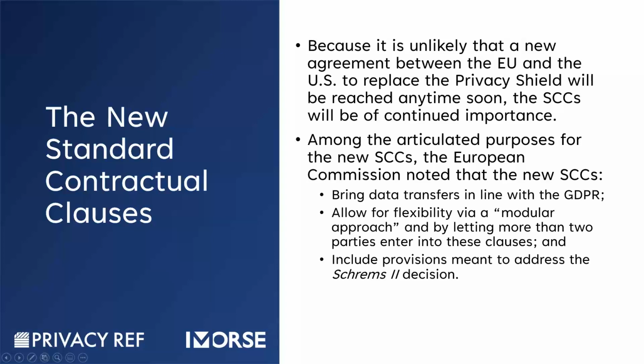And finally, another purpose was to include provisions that were meant to address that Schrems II decision. And ultimately, that Schrems II decision hinges on some particular issues in our US surveillance laws, which allow access to data. And Schrems II found that perhaps, or definitely, that particular access is not in line with EU standards.